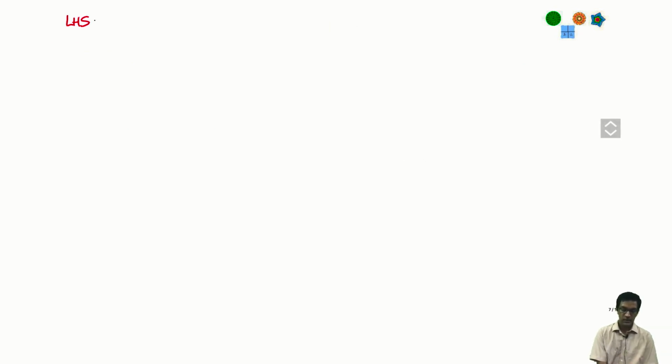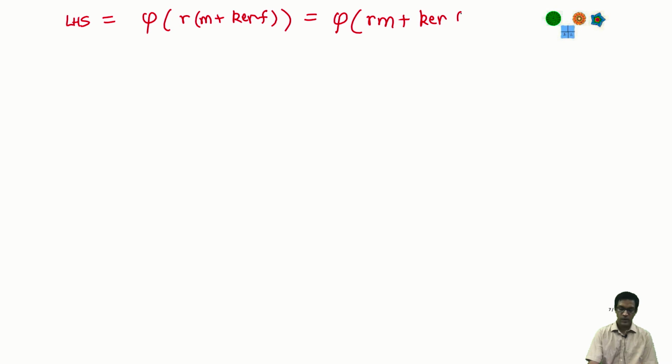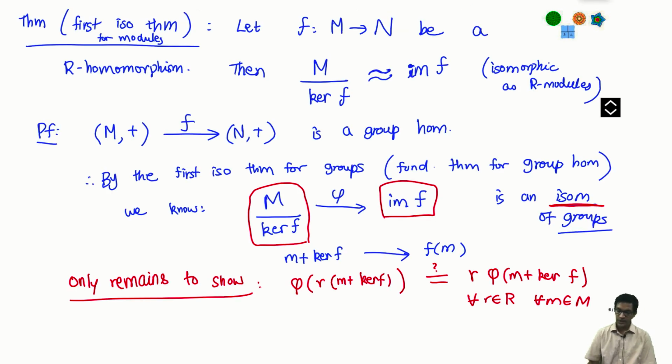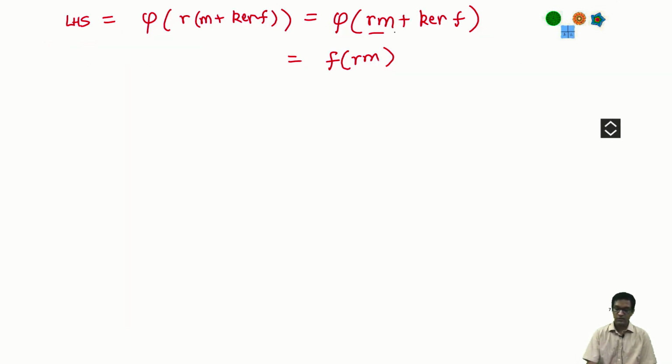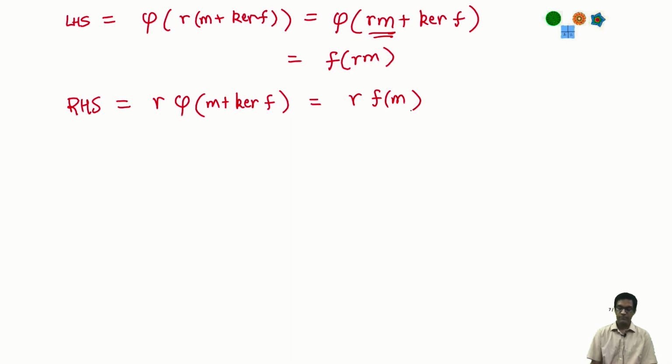The left hand side is r acting on m plus kernel of F. By definition, I just have to act r on the representative, and phi of rm by definition is F acting on rm. Let's go up here and check that F of m was the definition of the map phi. So here it is just F acting on the representative rm. Similarly, the right hand side was r acting on phi of this coset, but this is nothing but r acting on Fm by definition.